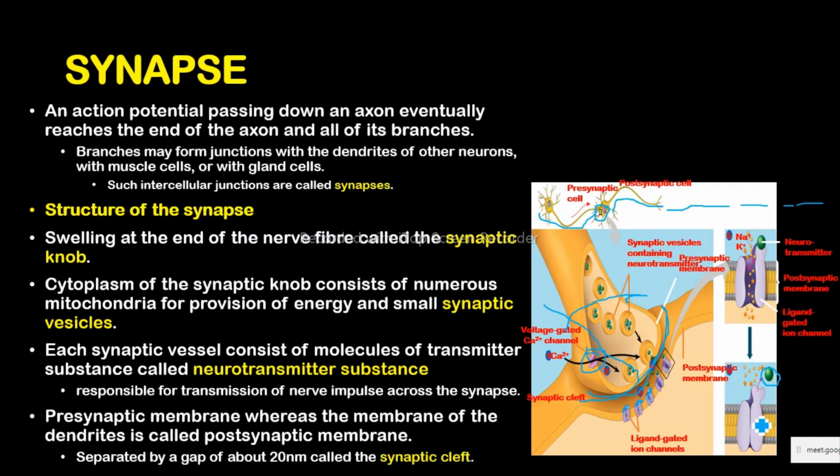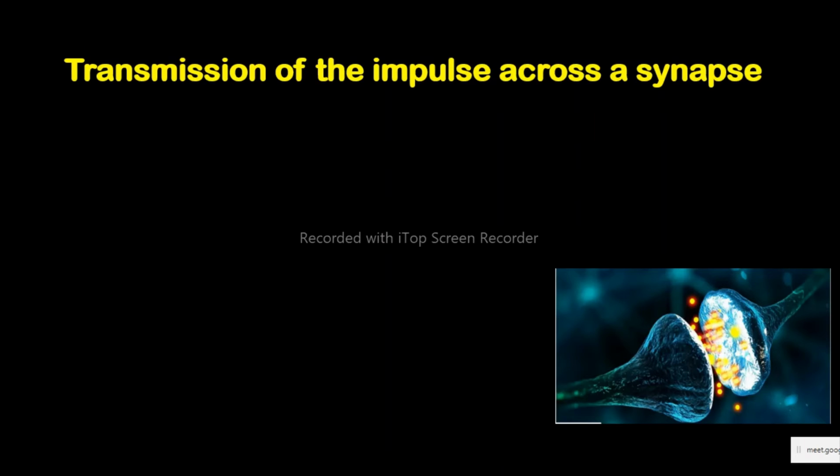So basically that is a picture of a synapse. I hope you should be able to internalize that in your mind, and see a synapse before we talk about impulse transmission across a synapse: how an impulse can be evoked and transmitted from the presynaptic knob to the postsynaptic knob.